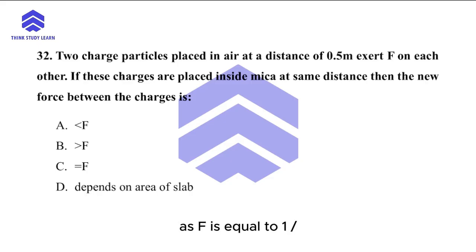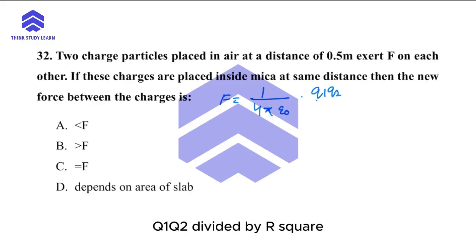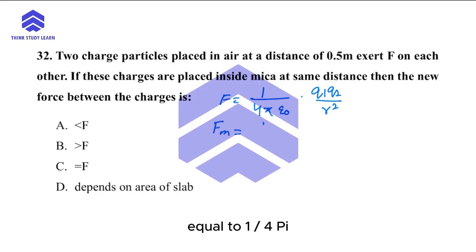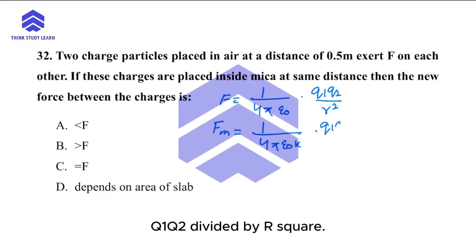So we can write it as F is equal to 1 over 4 pi epsilon naught into Q1 Q2 divided by R square. In a medium with dielectric constant K, this force will be F medium is equal to 1 over 4 pi epsilon naught K into Q1 Q2 divided by R square.